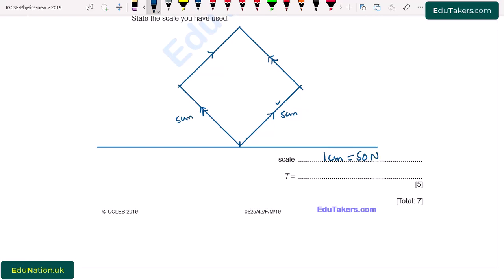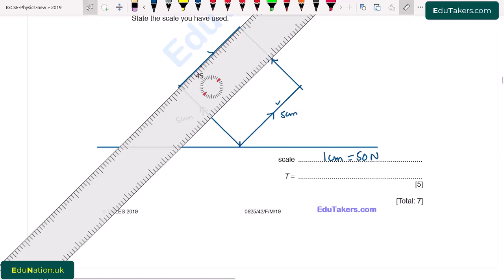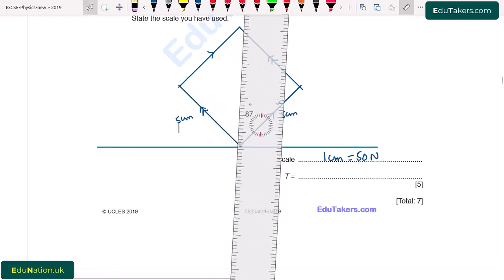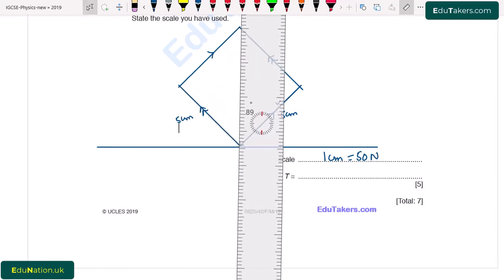And we know that weight is acting vertically, so we also have mentioned here weight, and its value, of course, will be equal to 7.2.